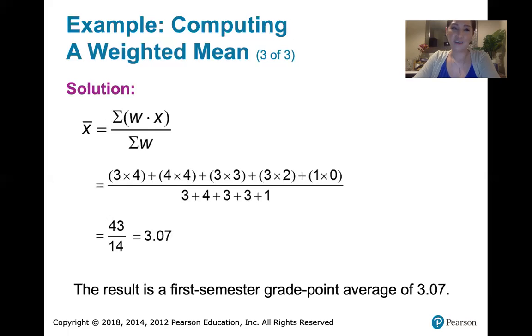So if you fail chemistry, and chemistry is a 5 credit hour course, that's really going to pull down your GPA. But if you fail a 1 credit hour course like this student did, it is going to affect your GPA, but it's not going to affect it nearly as strongly as failing a course with more credit hours. So that is how we calculate a weighted mean.